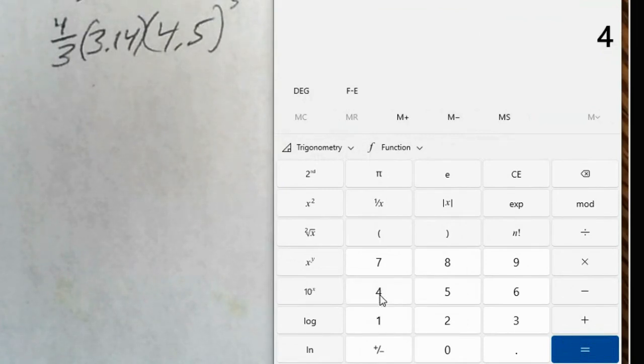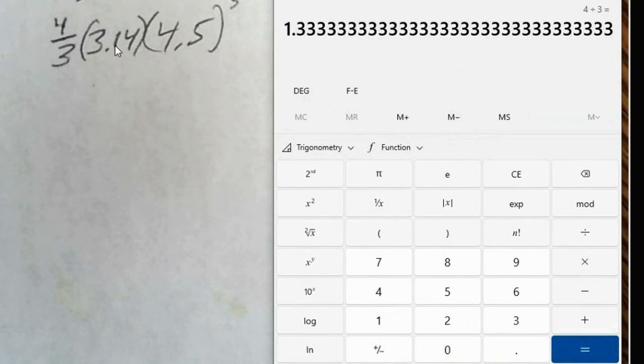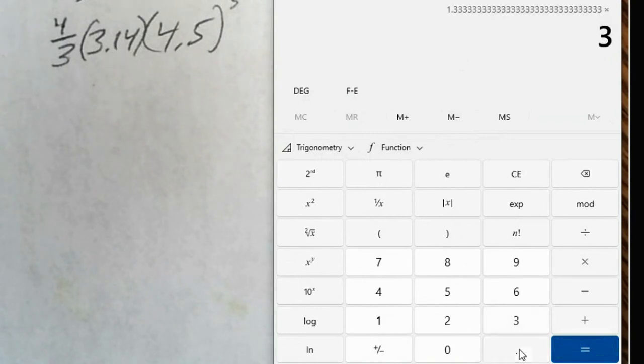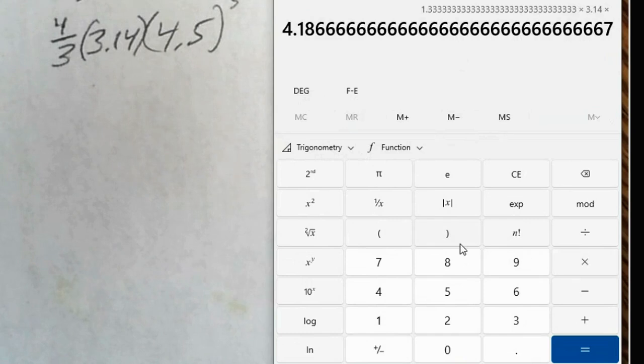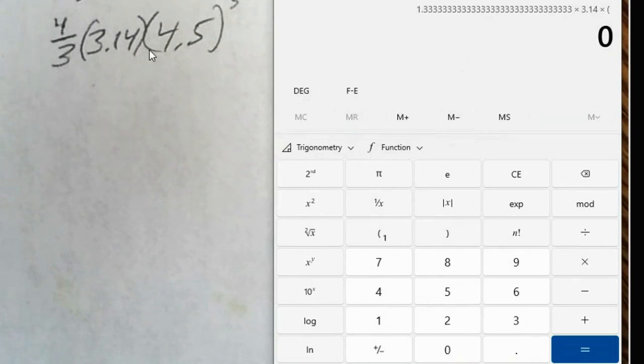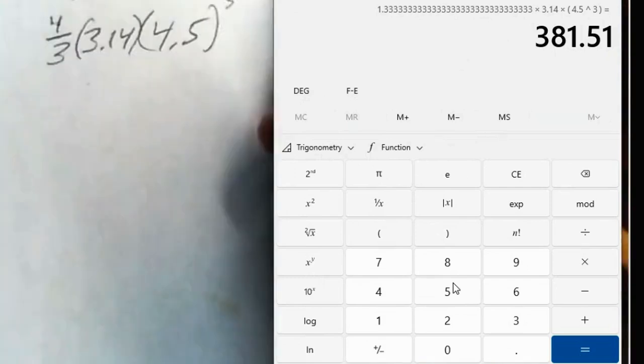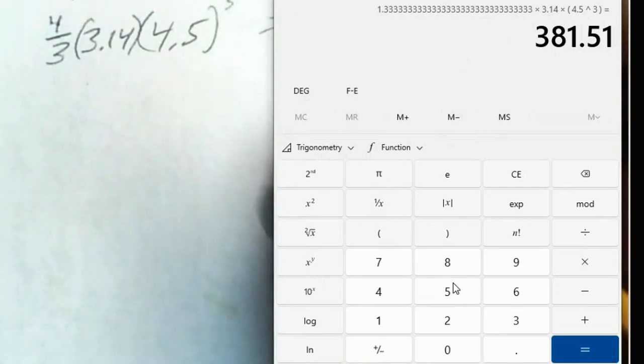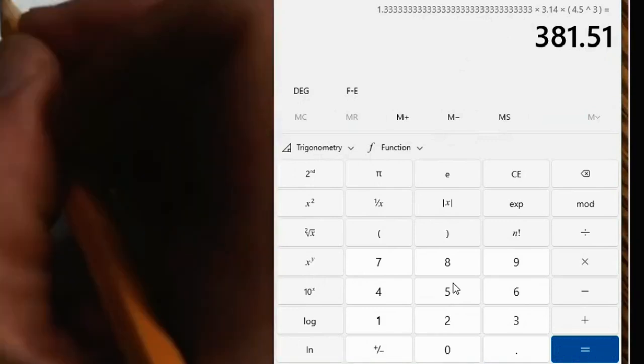So 4/3, 4 divided by 3, that's 1.33, times 3.14 times, and I'll put this in parentheses, 4.5 raised to the power of 3. Close parentheses. So our answer should be volume of 381.51.